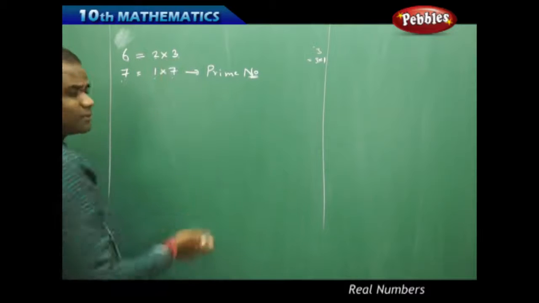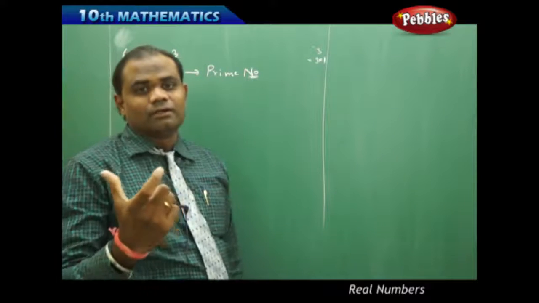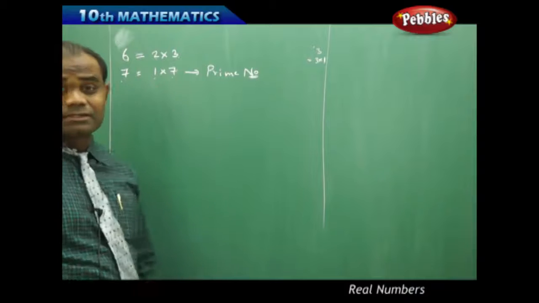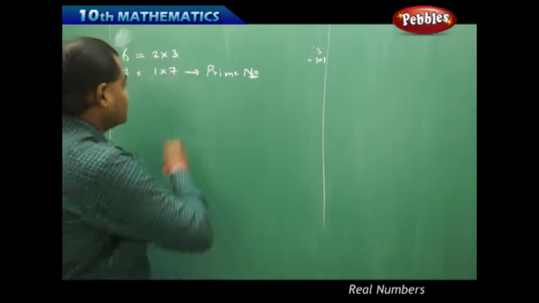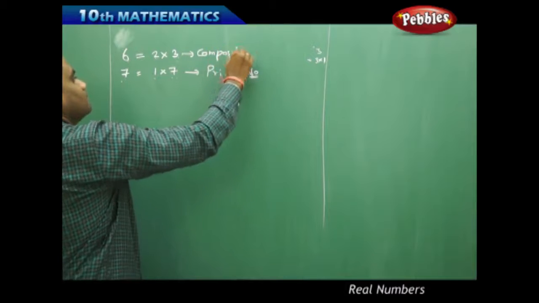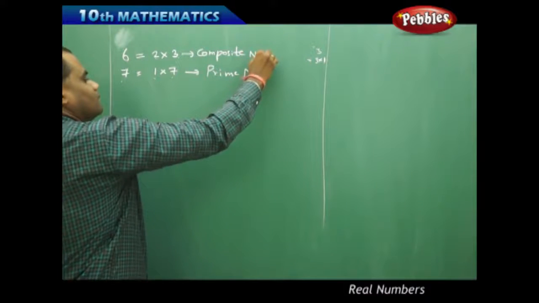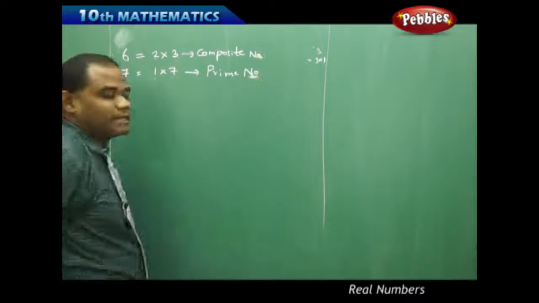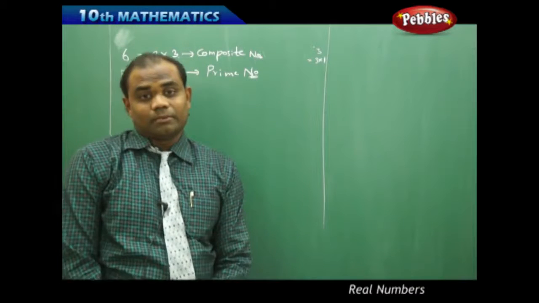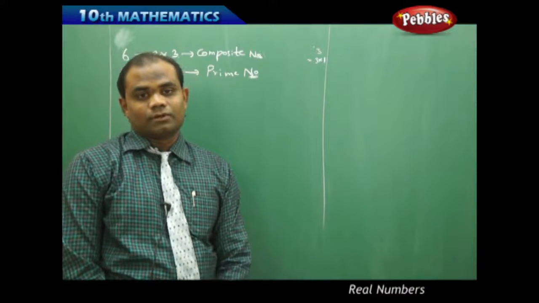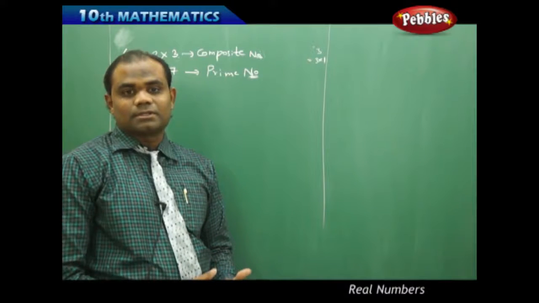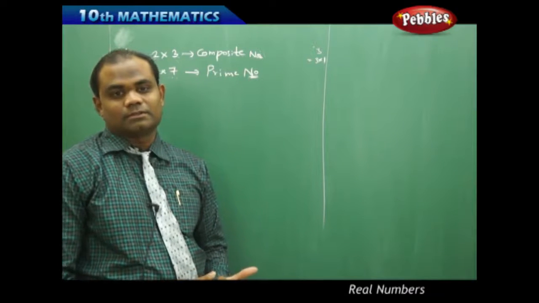So if you can identify at least one factor which satisfies the product and doesn't consist of 1 and itself, it is said to be a composite number. So this is an example of a composite number and this is an example of a prime number. So there are different cases through which we identify composite and prime numbers.